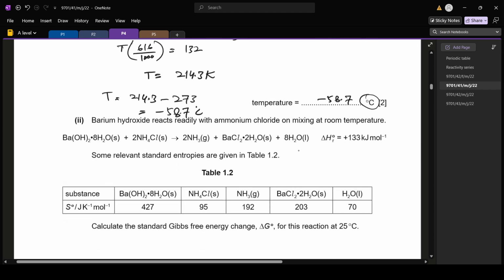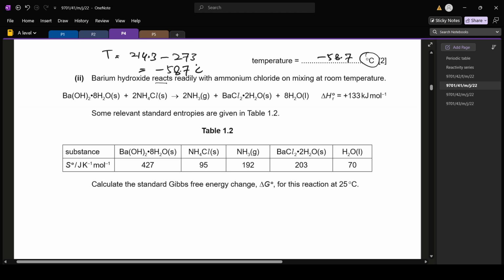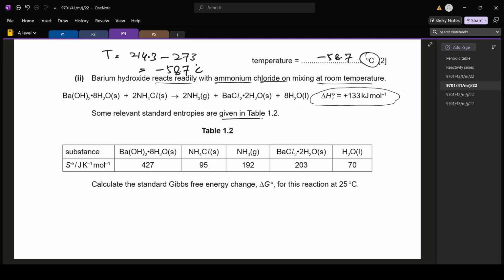Moving towards the next part, barium hydroxide reacts readily with ammonium chloride on mixing at room temperature. The enthalpy change of reaction for this particular reaction is given to you. Some relevant standard entropies are given in table 1.2.